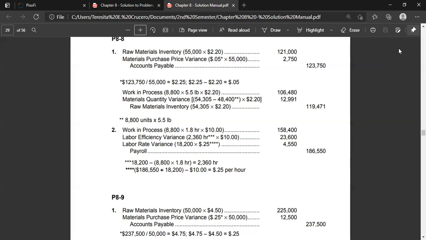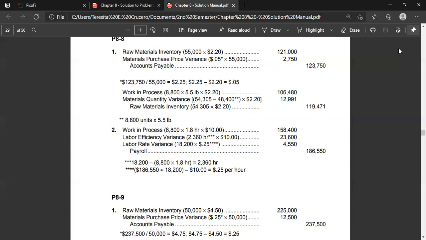And 220 again is standard amount. So we have the debit to work in process at standard equal to 158,400. Then we also debit to labor efficiency variance at 2,360 hours taken here, 18,200.